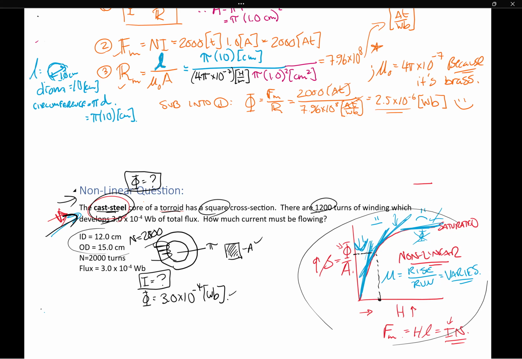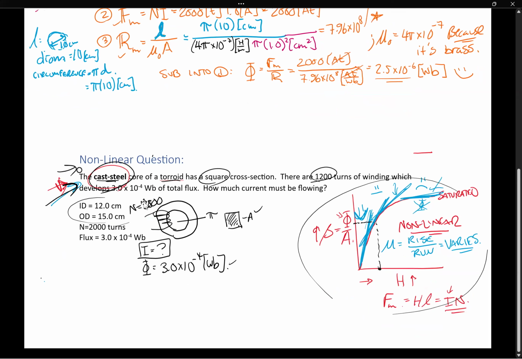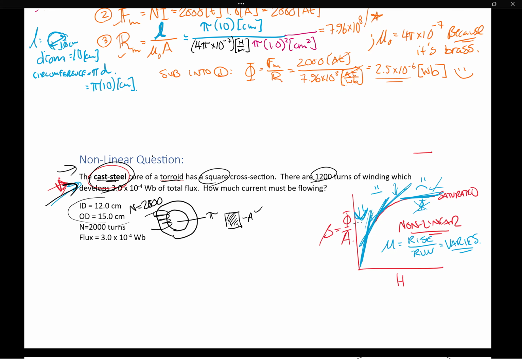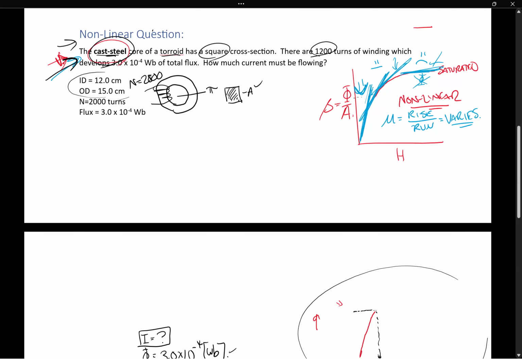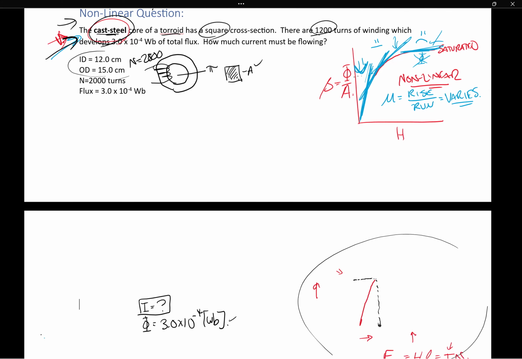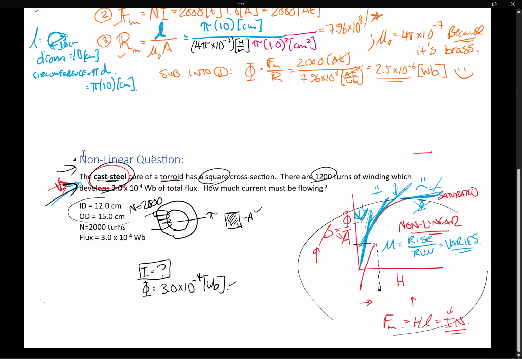Can't get rid of this. We are not looking for the flux in the nonlinear one. We could be looking for the flux, but this question happens to be asking for something else. This question happens to be asking for the current given the flux. But other than that, it's the same type of question. So let's just gain ourselves some room here and solve this one. All right, so you're going to have to maybe take a screen capture of the question. Or maybe I'll just try to take it down here.